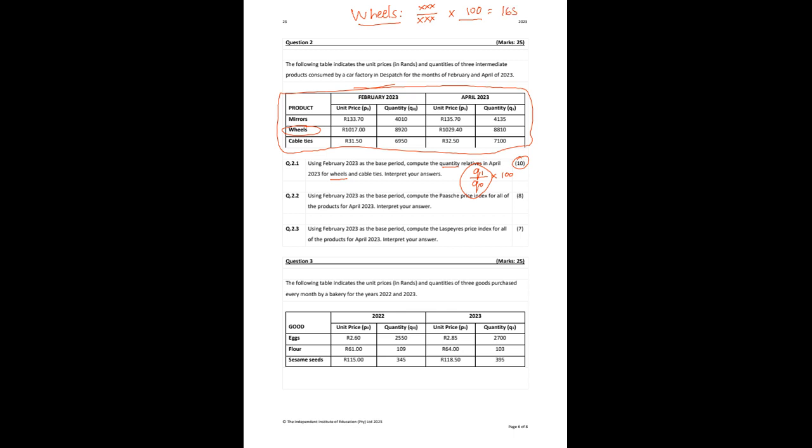If this ends up being your answer, please don't include the percentage sign, because at this stage you are simply indicating an index number. You are not indicating the percentage by which it increased or decreased. So please leave out the percentage sign. You will leave the answer exactly as it is here, 165.27, and that would be it.